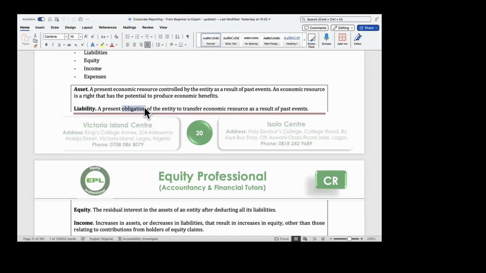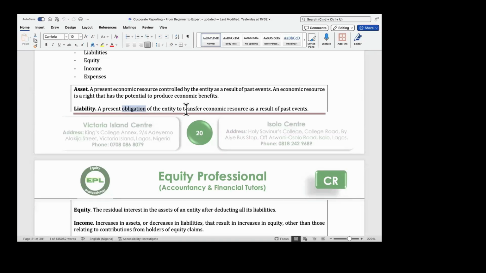When we say obligation, it's talking about a duty of an individual or an entity to act in a certain manner, a duty to do something. What makes it an obligation is not just that duty. This obligation is a duty that you have no practical ability to avoid. If you can avoid it, that is not an obligation. If you cannot avoid it, then that is an obligation.